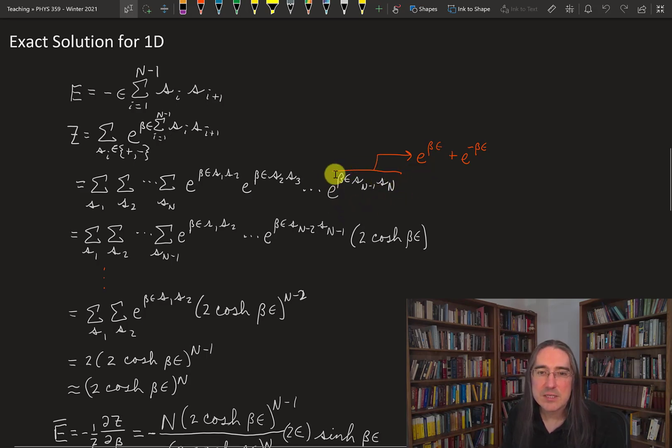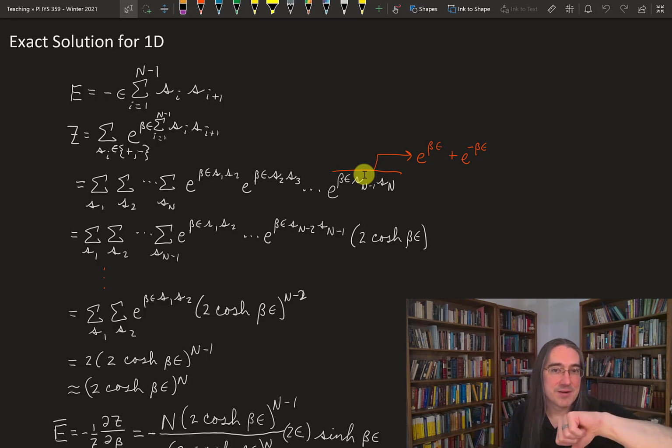So what do we do? Well, if S sub n is here and only here, then we can do this sum. Doesn't matter what S sub n minus 1 is, there's going to be one term where S sub n and S sub n minus 1 are parallel, and one term where they're anti-parallel. If n minus 1 is spin up, we're going to sum over both configurations of Sn, up and down. If S sub n minus 1 is down, same story.